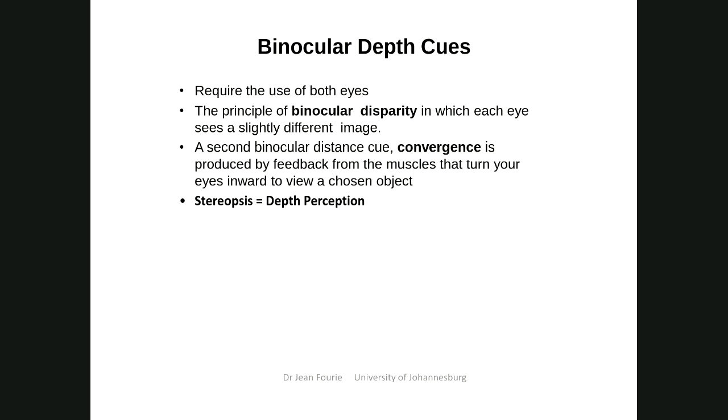It's the ability of the muscles around your eyes to move the eyes inward and outward so that you can see and make some kind of adjustment. By doing that adjustment and getting the feedback, the brain is making sense of how far away objects are from you.